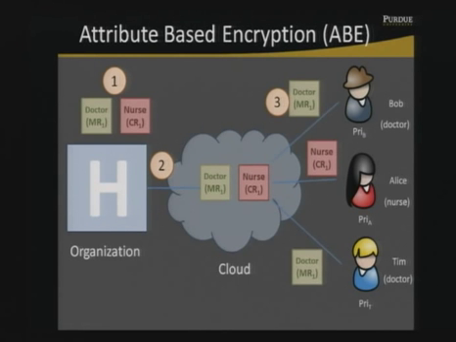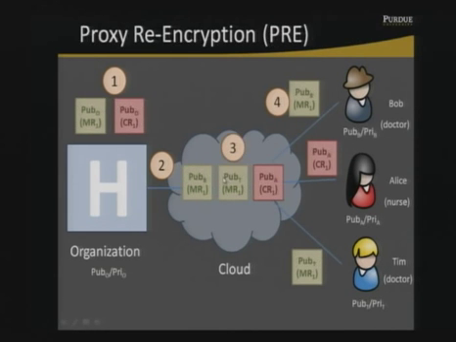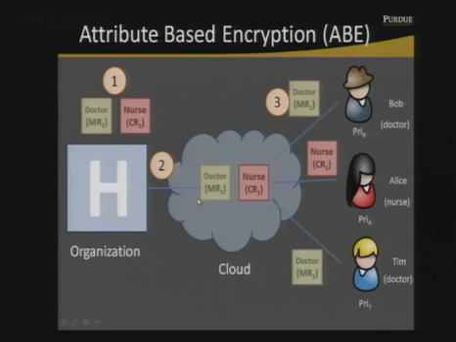And then the users, Bob and Tim, who play the role doctor, can download these encrypted documents, and use their private key, which is derived from their attribute, and consume these documents.